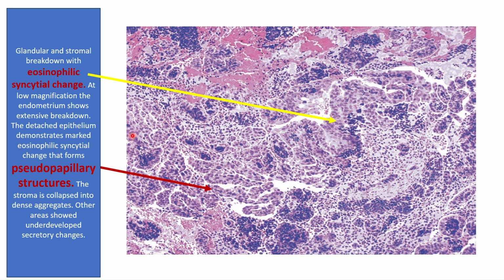So this is pseudopapillary formation of glands, and this is a benign cause, showing stromal condensation, stromal ball or stromal collapse, some edematous stroma, and these are the pseudopapillary structures and eosinophilic syncytial change.